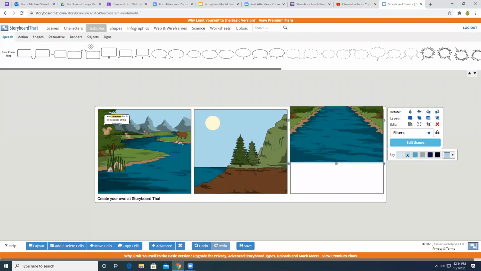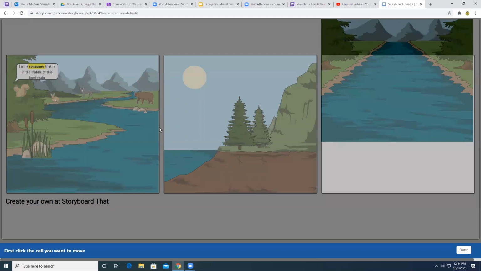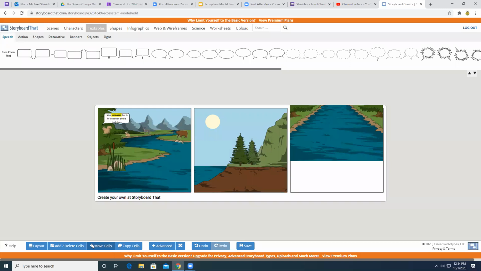Let me see if I can actually create a new one. What I did is you can go into storyboardthat.com, and it prompts you to actually start a storyboard.